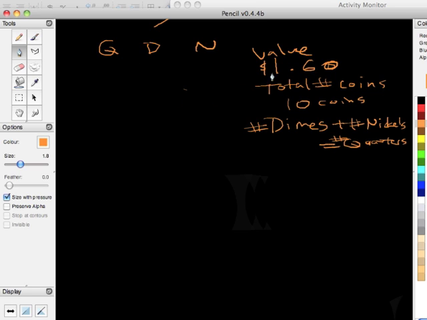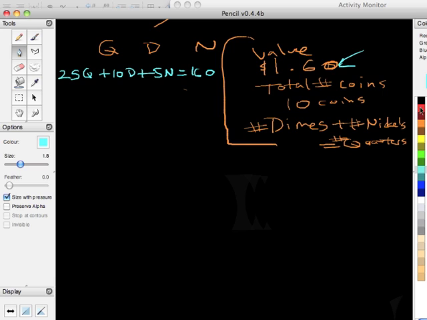Well, we need to use this information right here to set up our system of equations. If it's equal to $1.60 and we have Q quarters, D dimes, and N nickels, we know that 25 times the number of quarters plus 10 times the number of dimes plus 5 cents times the number of nickels is equal to 160 cents. That's just this constraint right here.